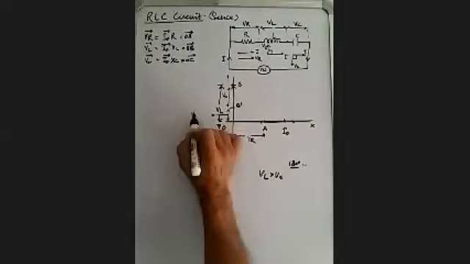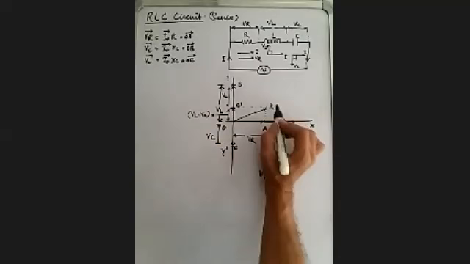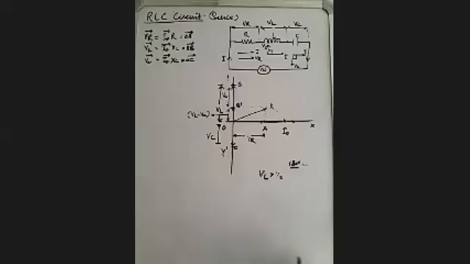OK now represents the resultant of VR, VL and VC. We can call this E naught.